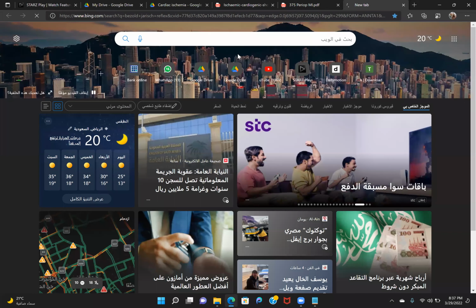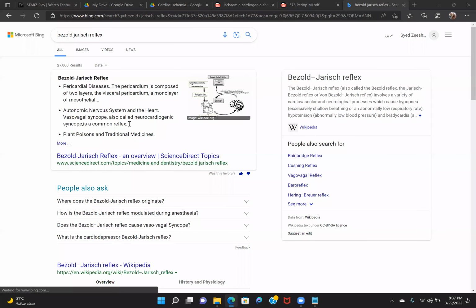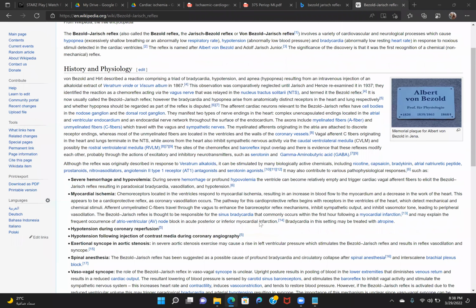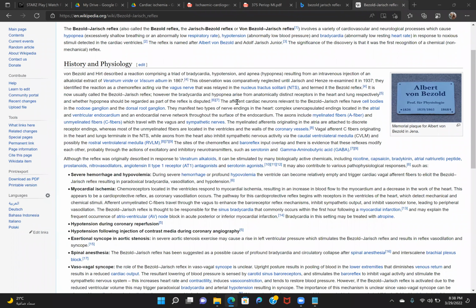Maybe it is a reflex bradycardia. Sir, usually during hypertension there is tachycardia, but in this case, with hypertension, there is bradycardia. No, but why does it occur? That's my question.